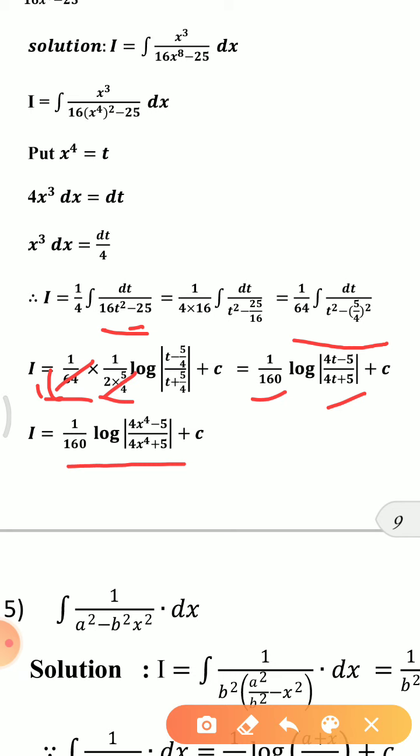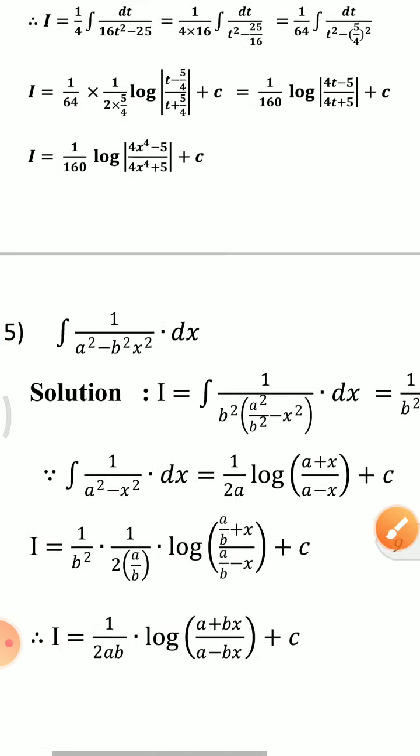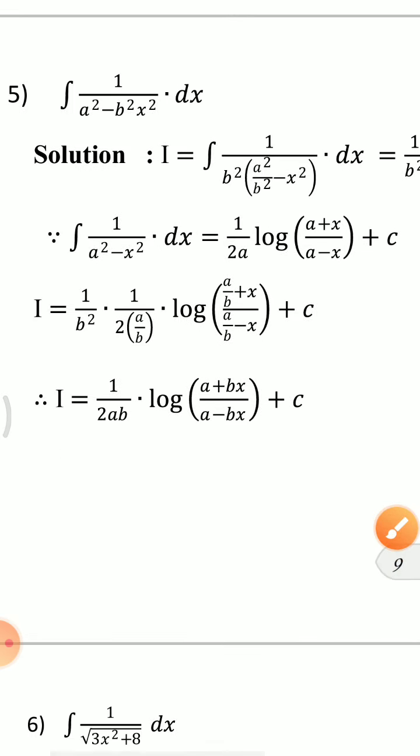That means the integration of x cube upon 16 x raised to 8 minus 25 dx is equal to 1 upon 160 log of mod of 4x raised to 4 minus 5 upon 4x raised to 4 plus 5 plus c. See the next question, question number 5.